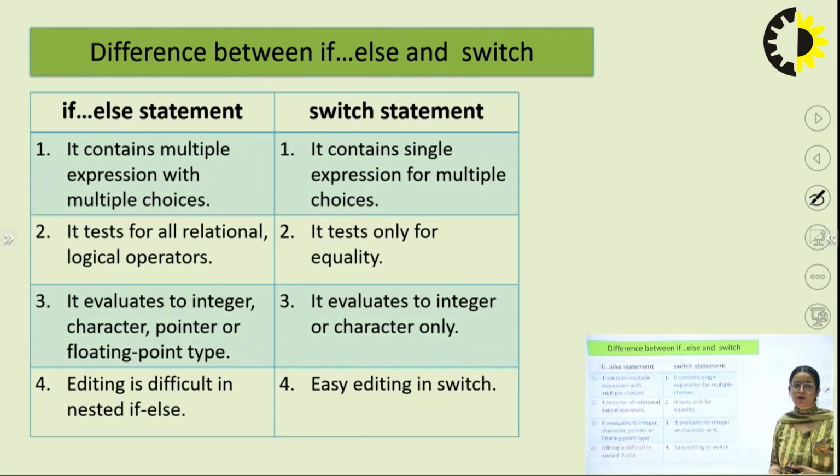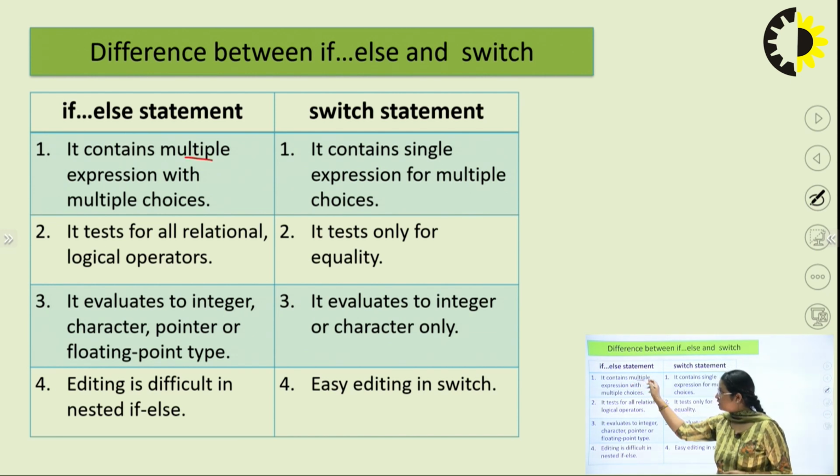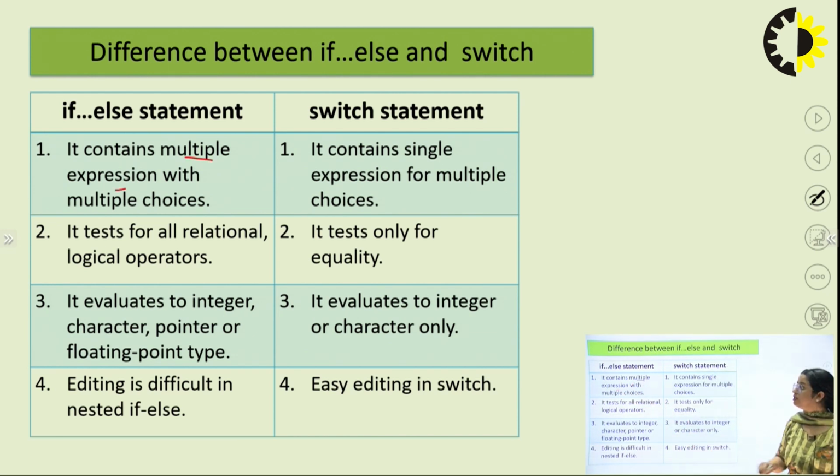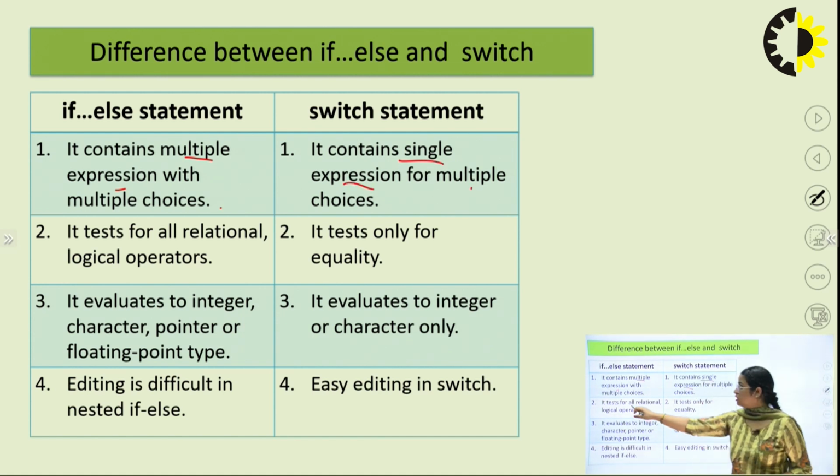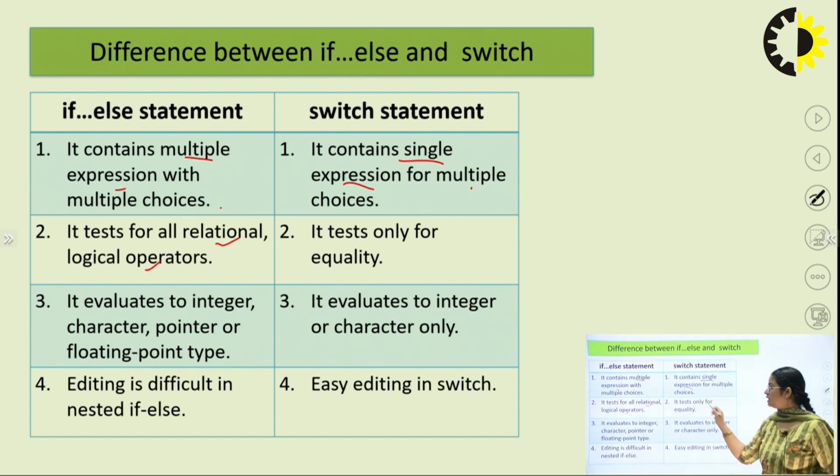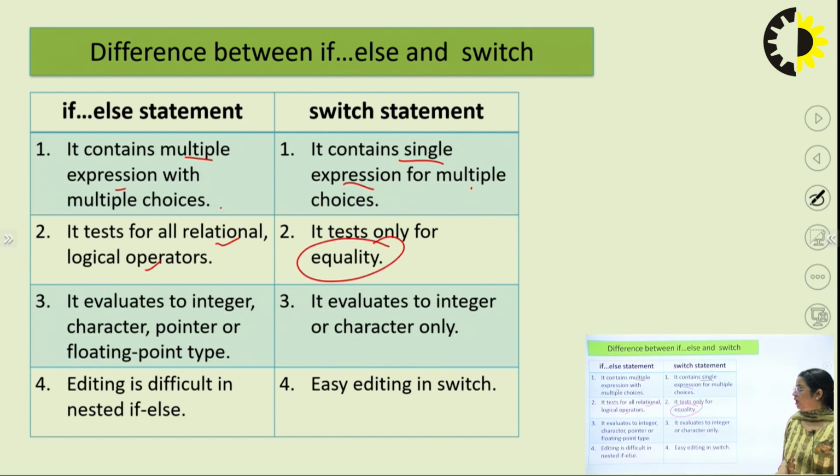So this is all about it. Here we are having the difference. In if-else, you can say it is multiple expressions with multiple choices, but here we are having a single expression with multiple choices. The test condition may be relational or logical operators, but here the test is only equality of operators.